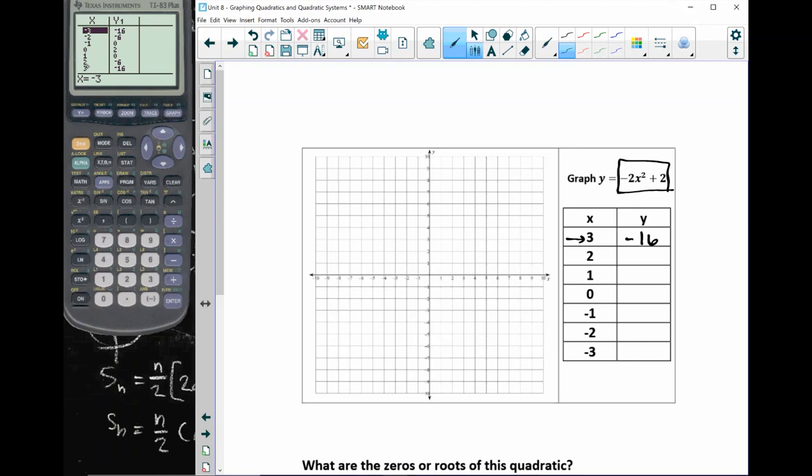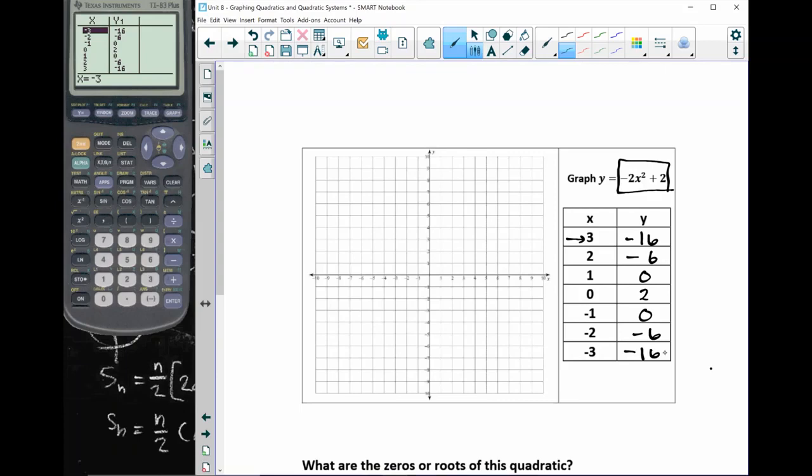For the positive 2, I have a negative 6. For the positive 1, I have a 0. For the 0, I have a positive 2. For the negative 1, I have a 0. For the negative 2, I have a negative 6. And as you can see, the pattern is repeating. It's showing itself. So I know that this one has to be negative 16.